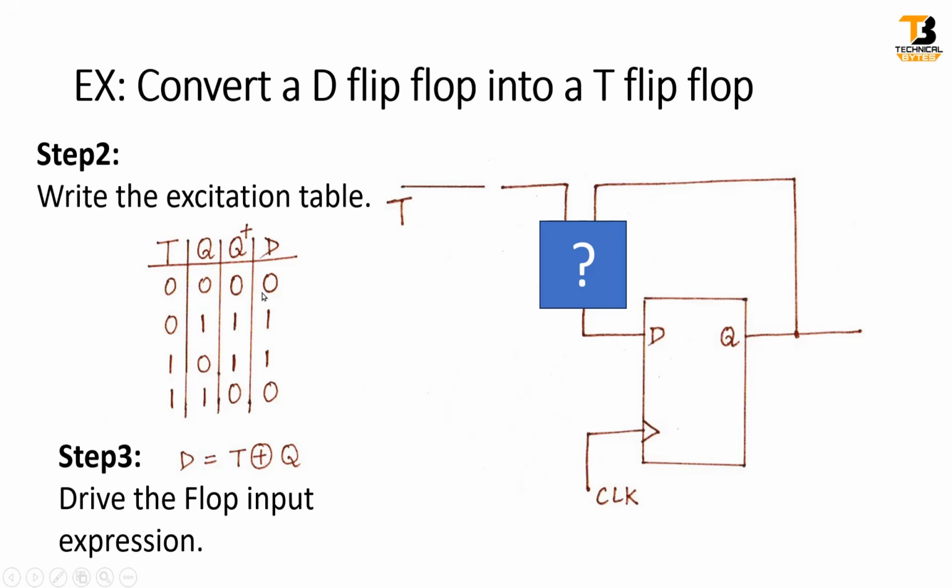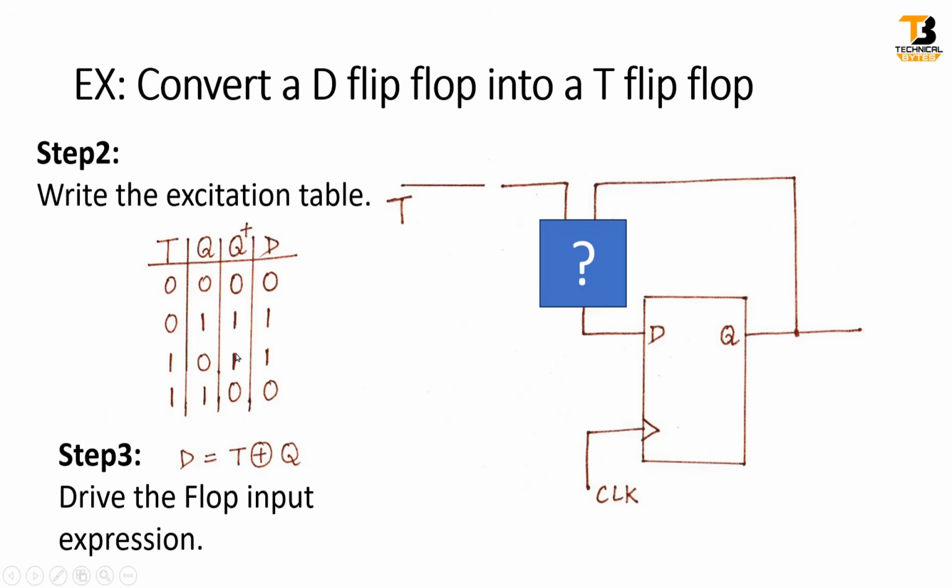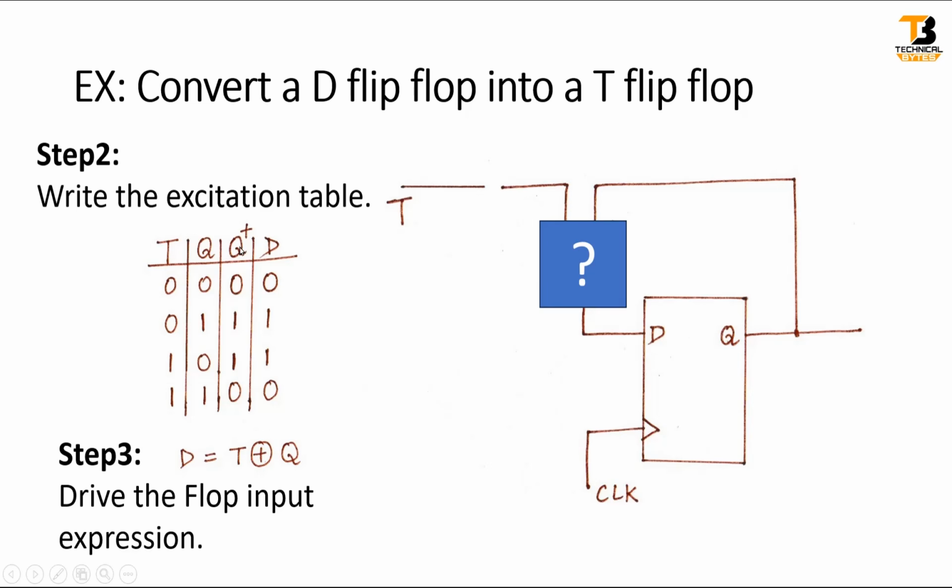As we know, whatever is applied at the input of D flip-flop, it simply passes to its output. So Q plus is 0, so I should apply 0 here. When Q plus is 1, I should apply 1 here. Similarly, if I want to get output as 1, I should apply 1 at the input of this D flip-flop. If I want to get 0, I should apply 0. So D is exactly similar to Q plus. With this, our second step is done.